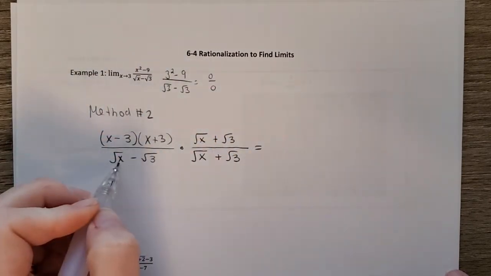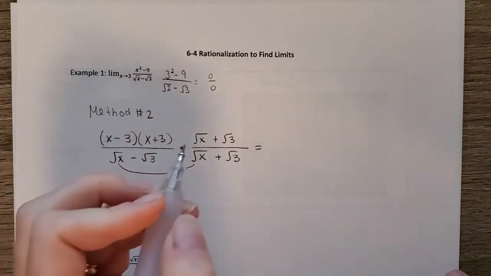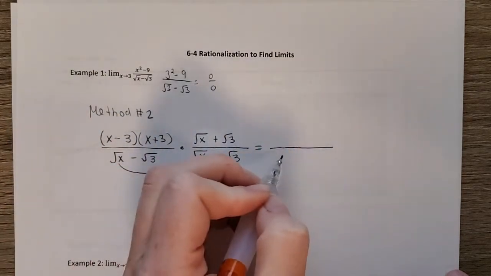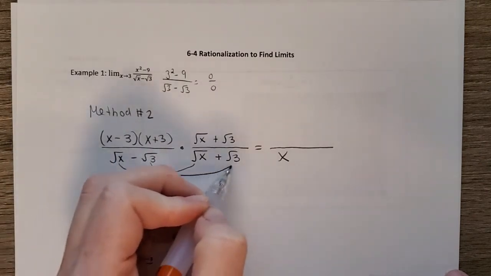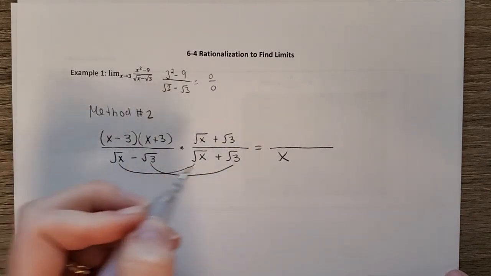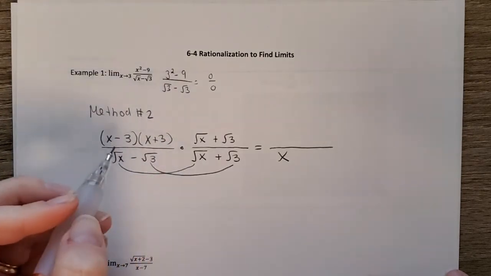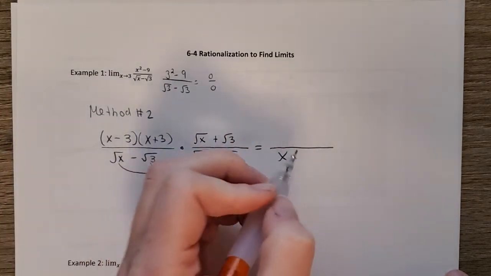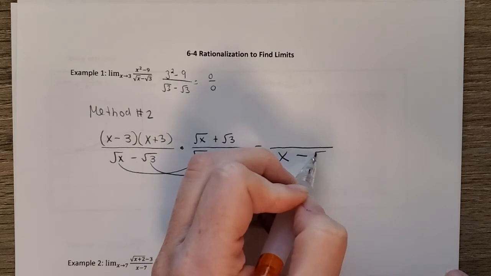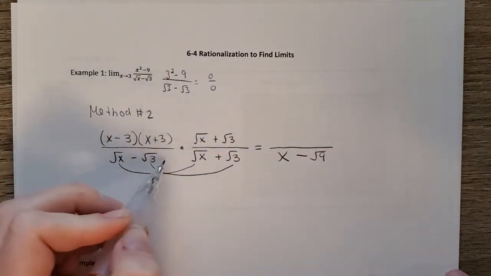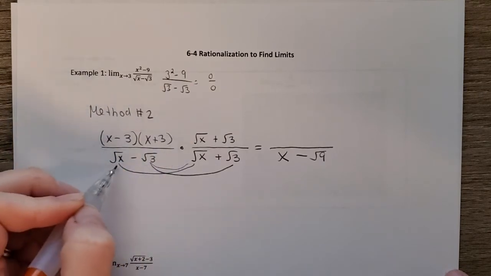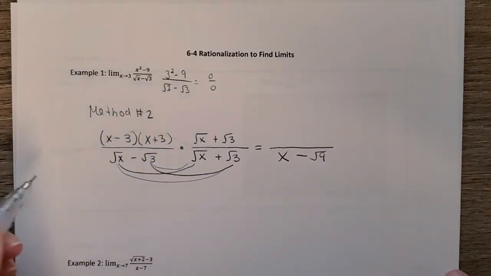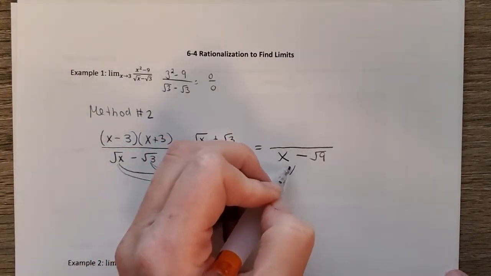On the bottom, when we distribute this out, we get radical x times radical x, which gets rid of the radical and just gives me x. And then negative radical 3 times radical 3, we get negative radical 9. Because it's opposite signs, the middle two terms cancel, which is why I skipped them. So if we simplify that, we get x minus 3.